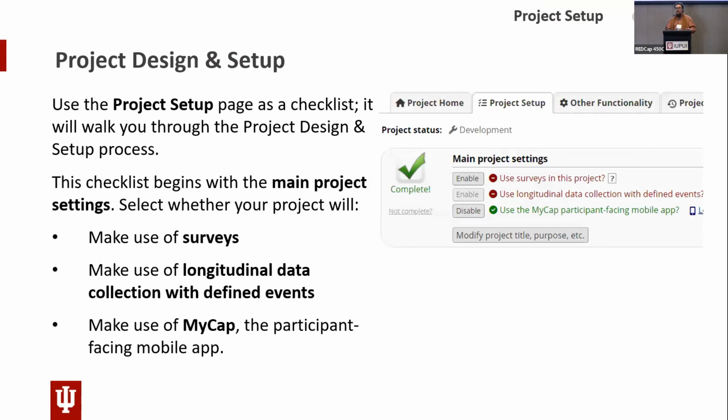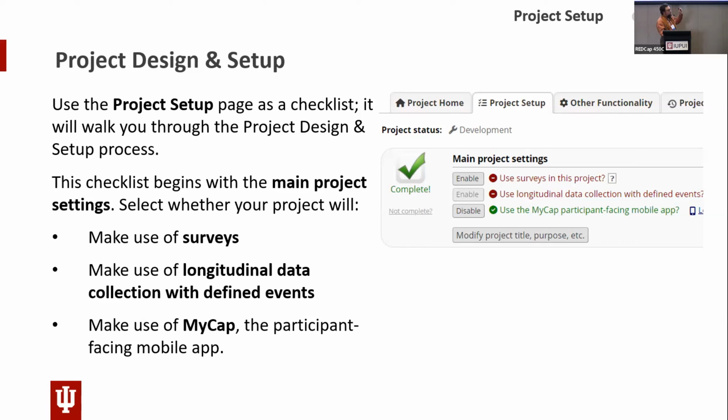So in terms of design and setup, I always tell people that are new to REDCap to look to the project setup page. This is a particular tab that, in fact, when you create the project, it's going to open up onto this project setup tab, and really use that as a checklist for the creation of your project. And even as you're creating it, you can check off the different boxes as you go along.